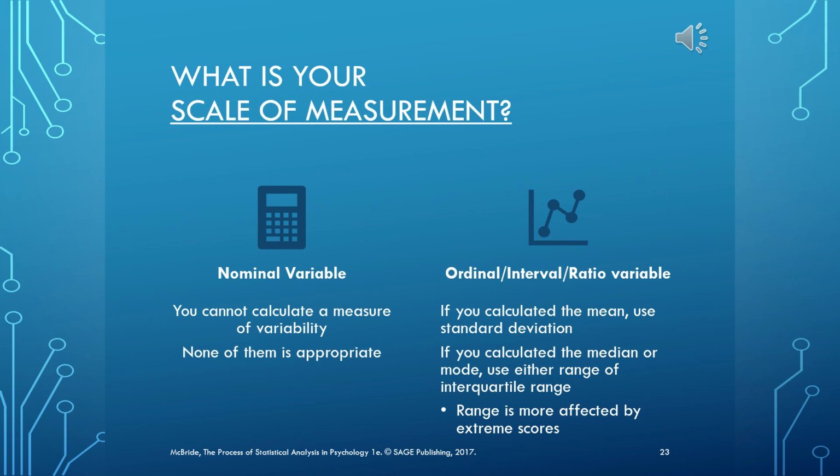But if you calculated the median or the mode, maybe you have skewed data, maybe you have ordinal data, then you want to use either range or interquartile range. And remember, interquartile range is generally preferable because the range, just plain old range, is really affected by extreme scores, and so people don't use it that often.